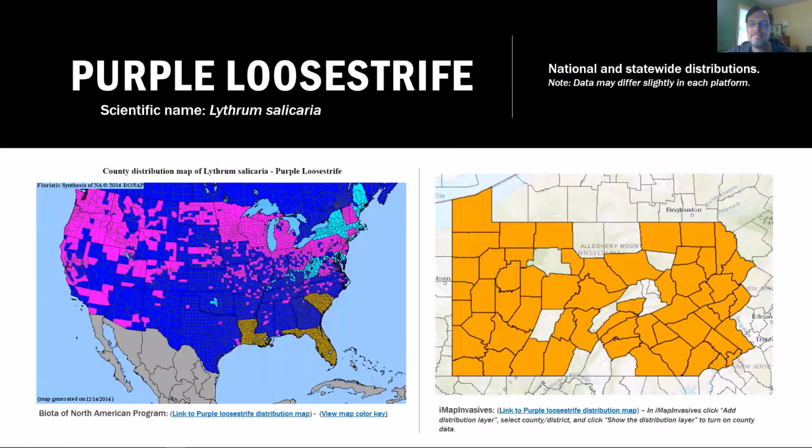Next slide. So purple loosestrife has gotten out pretty much everywhere at this point, and everywhere around Pennsylvania. Often though, you don't see stands that are as dense as that first slide, because this is one of the biological control success stories.